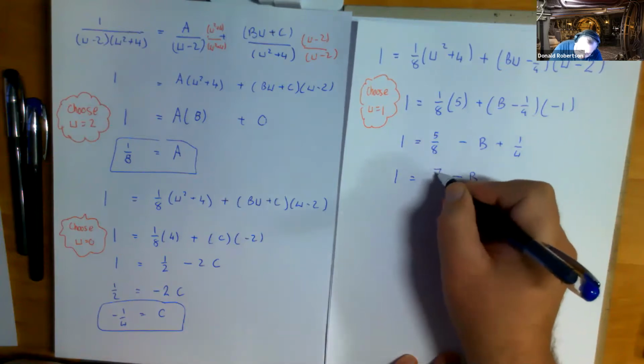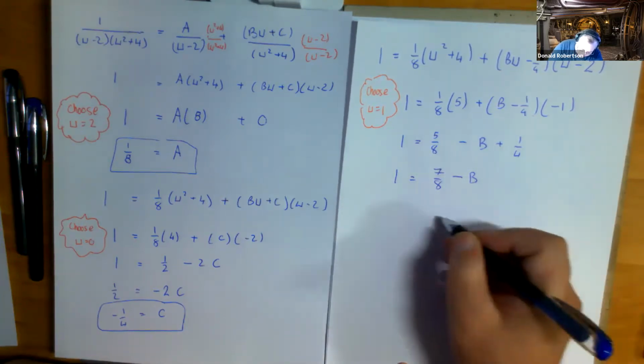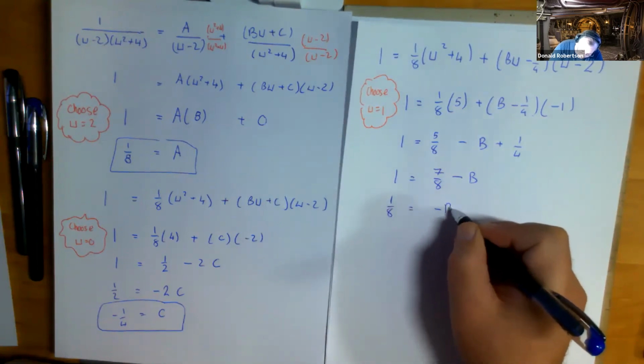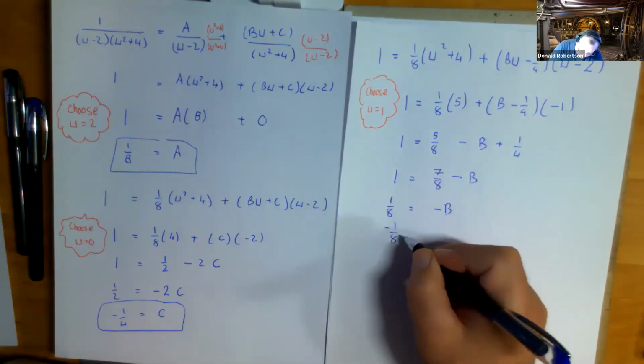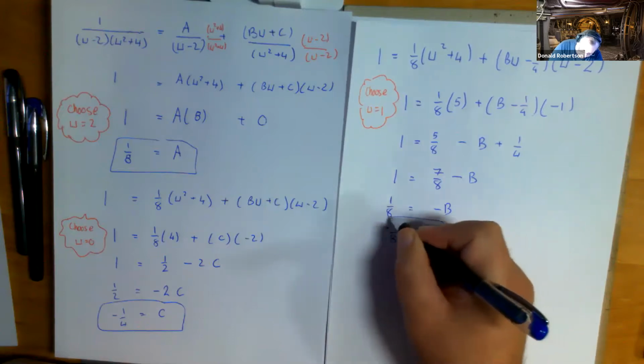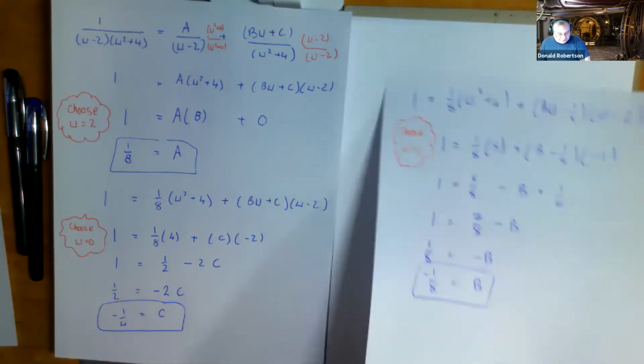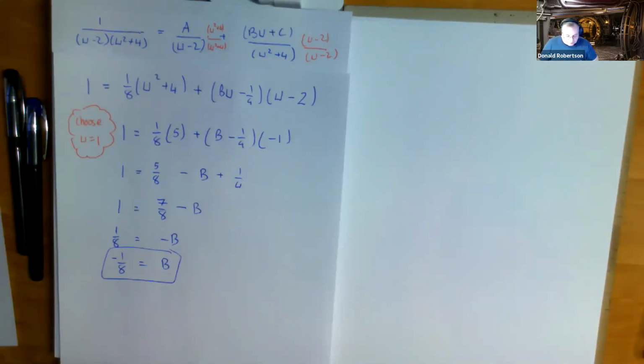That's 2/8, so I get 7/8. Subtract 7/8 from both sides. And that gives me the last guy in the set. I now know everybody. A, B, and C.